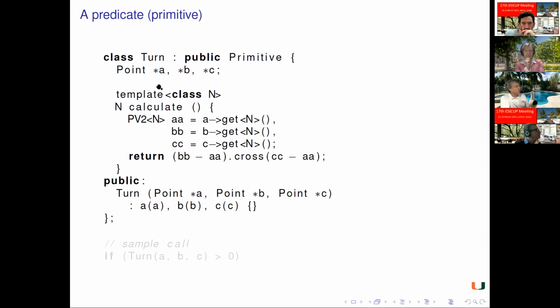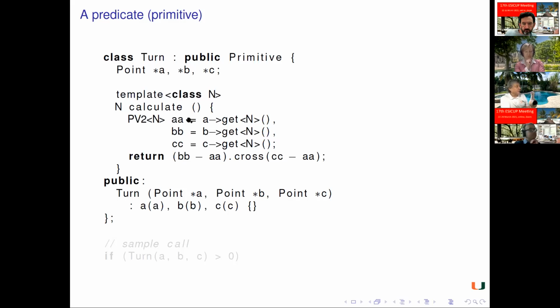And so what you do is you have your A, B, C points, you go and get their PV2s of n. You get their point vector with that number type. And then you just simply return (B minus A) dot cross (C minus A). So it's just very simple. Go get their PV2s and do the calculation, which is what I showed you on the earlier slide.